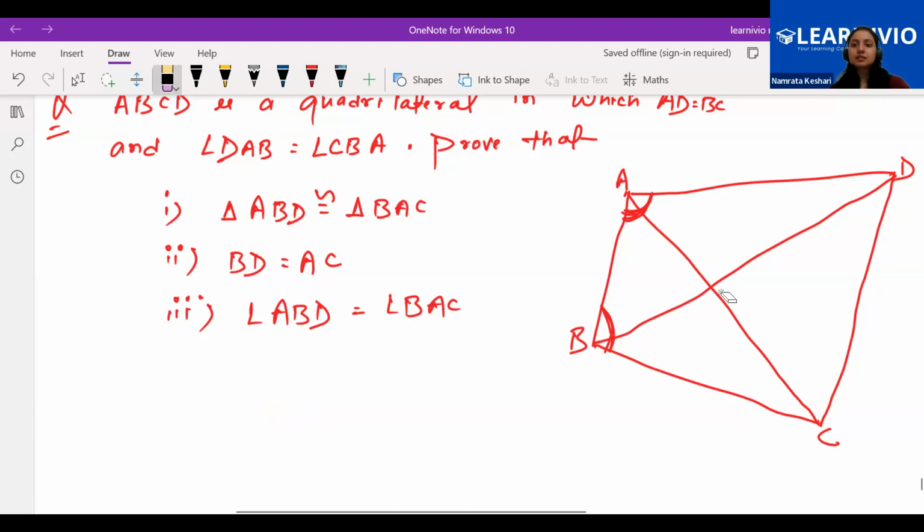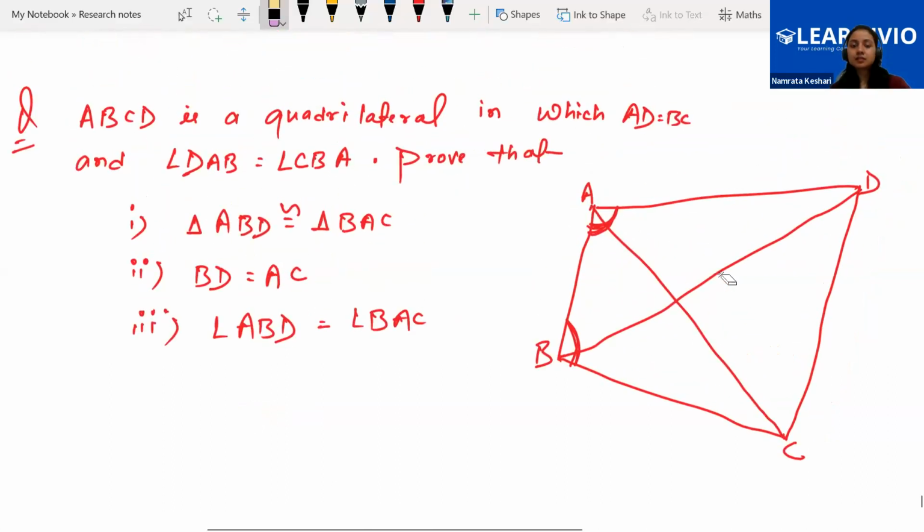First one is angle side. Let's see. The approach we were discussing in the previous class, every time we will follow the same approach. So basically, whenever the question says ABCD is a quadrilateral, the figure is already given in the question. AD and BC are the same.